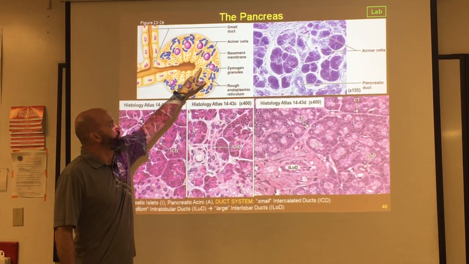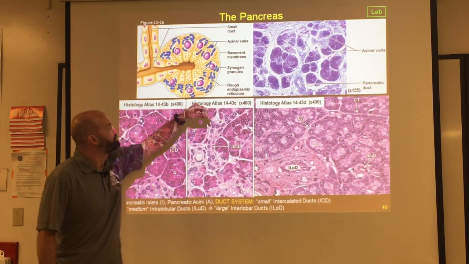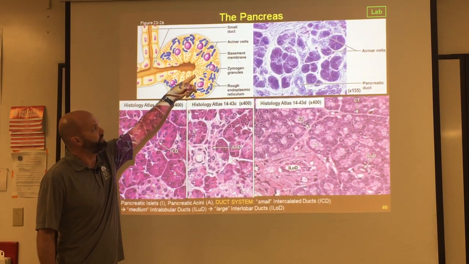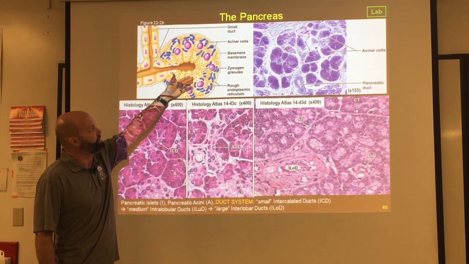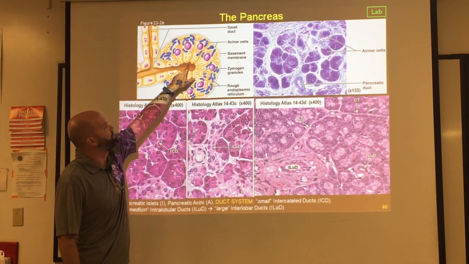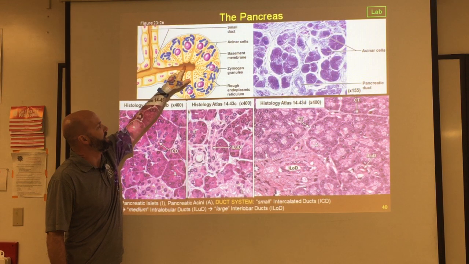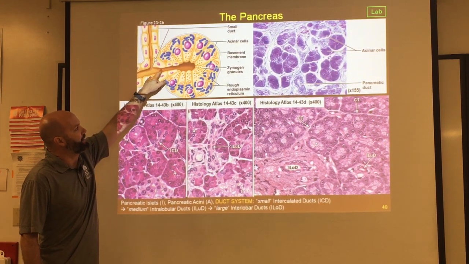All these little granules that you see here, those little vesicles called zymogen granules, they contain digestive enzymes. And a big variety of them: nucleases, carbohydrases, proteases, lipases. And it all gets emptied into the lumen of the acinus. The duct cells provide the bicarb.